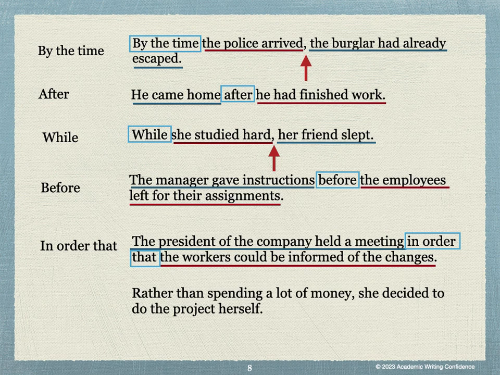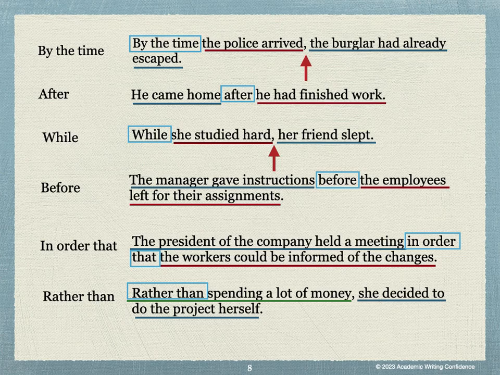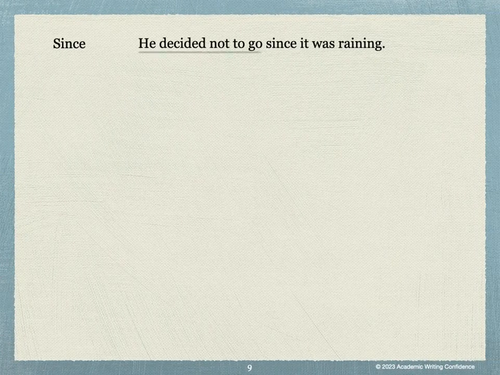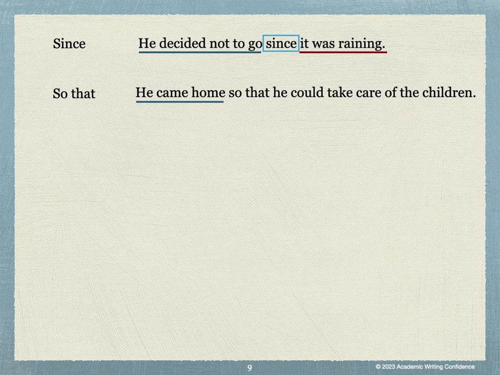Rather than spending a lot of money, she decided to do the project herself. In this sentence, rather than spending a lot of money is the dependent clause connected to an independent clause. Here are just a few more. He decided not to go since it was raining. He came home so that he could take care of the children.